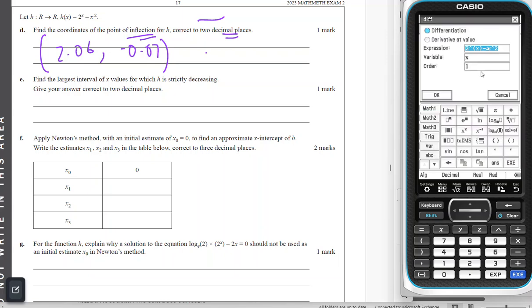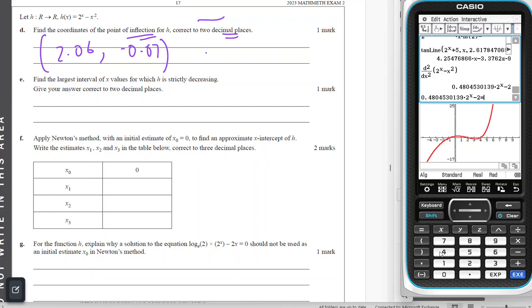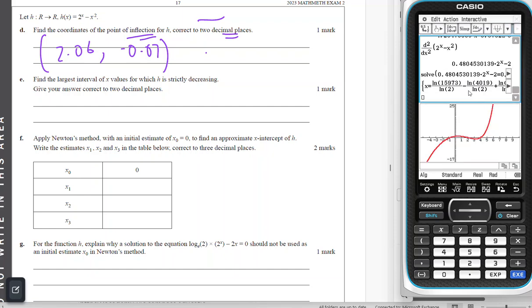So calculation diff, I'm looking for the second derivative. And that tells me that in standard, and when that equals 0, that's where your 0.26 comes from, and then you can sub that back into here to find the y coordinate.